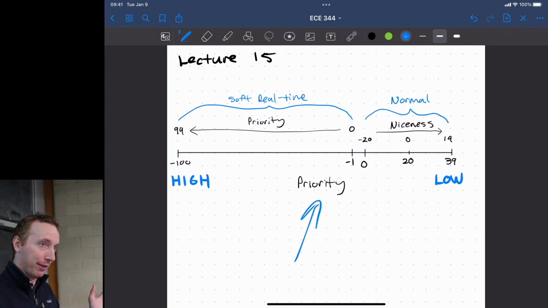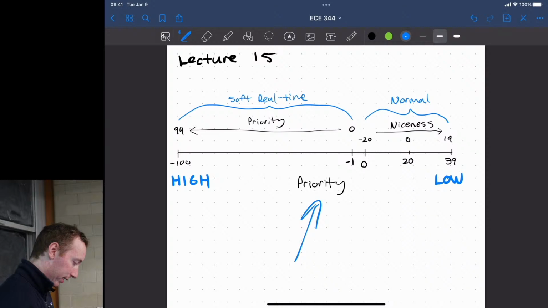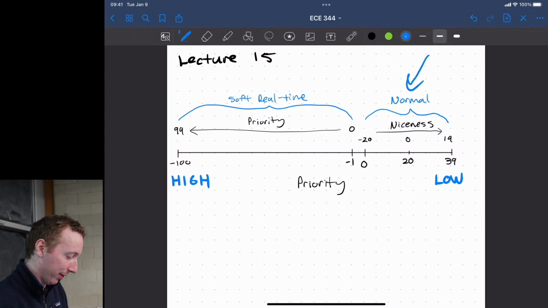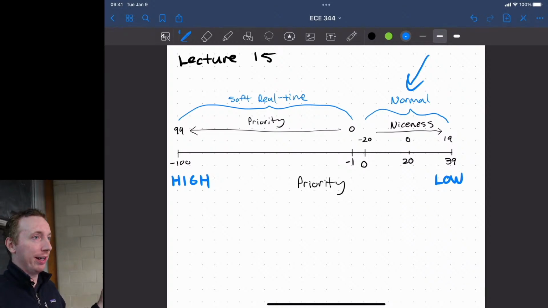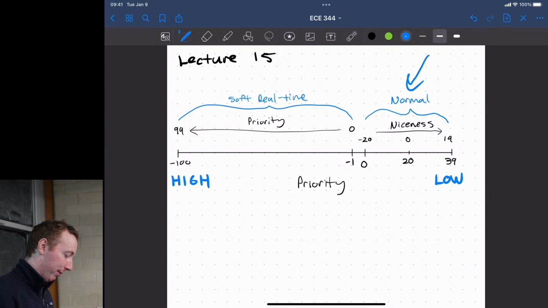All the normal processes, over here on the right, map to positive values on this global priority line. If you're a normal process between -20 and 19, it just shifts it up so that on the global priority line, if it's 0 or above, it's a normal process. Don't ask me why, it's kind of weird.